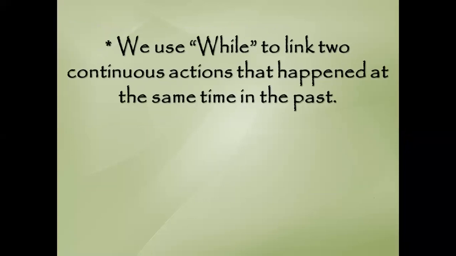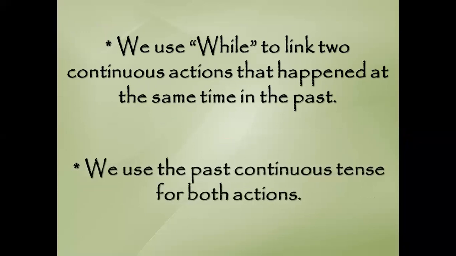If we talk about while as a connective or as a linking word, we use while to link two continuous actions that happened at the same time in the past. In this case, we use the past continuous tense for both actions. Okay, let me say this in other words.